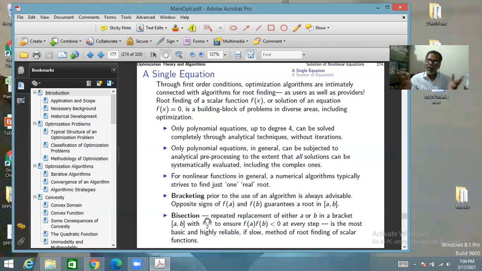If you bisect the interval many times, finally you have the solution trapped in a very small region, and that may be all right for your tolerance level. So that is the simplest and most fundamental method to solve a single equation. For a system, you will not have this whole thing: no bisection, no bracketing even.